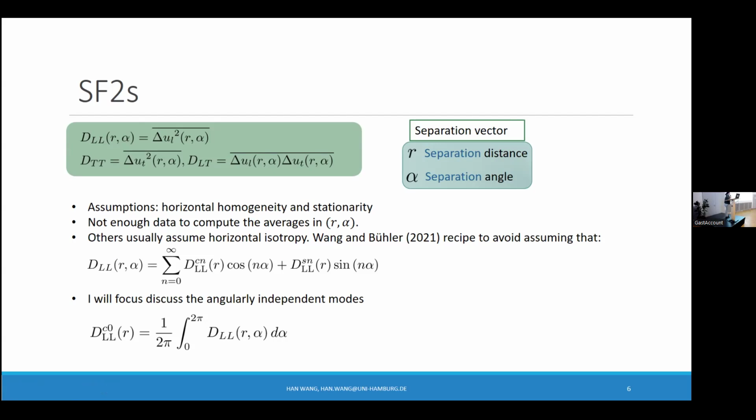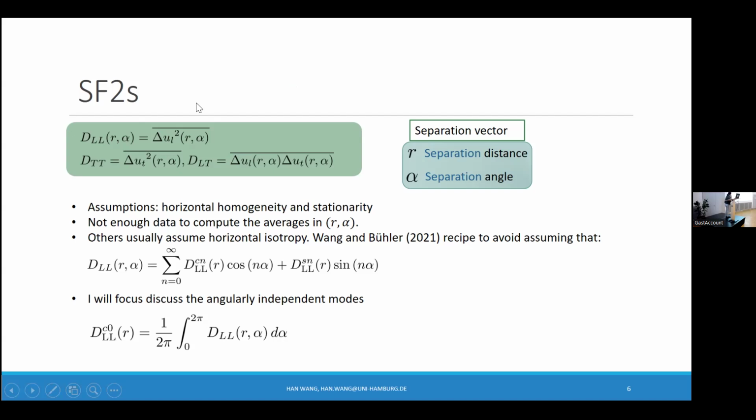However, in practice, for surface drifter data sets, there is not enough data to compute all the ensemble averages in the two-dimensional separation vector space. So in practice, it's very common to assume another thing, which is that the horizontal statistics is not just homogeneous, it's also isotropic. So in a lot of other works, they just do an ensemble average over the same separation distances.